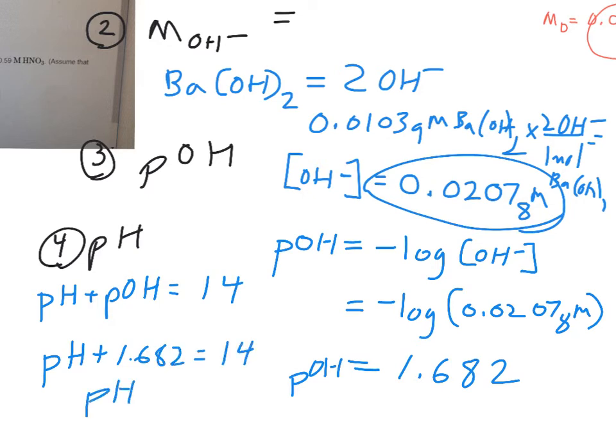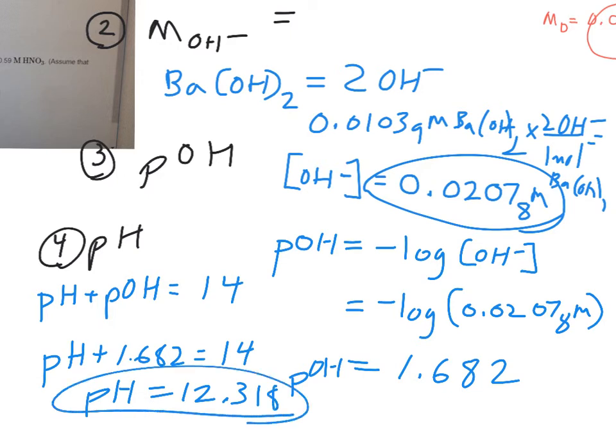So pH equals 12.318. So that's what I get my pH as. They say to 2 decimal places, so 12.32.